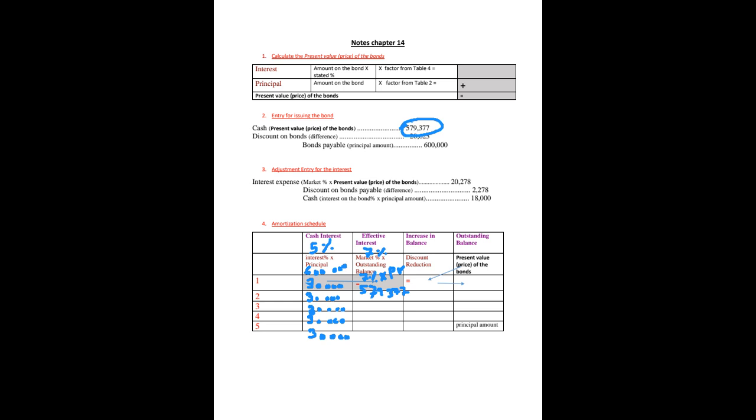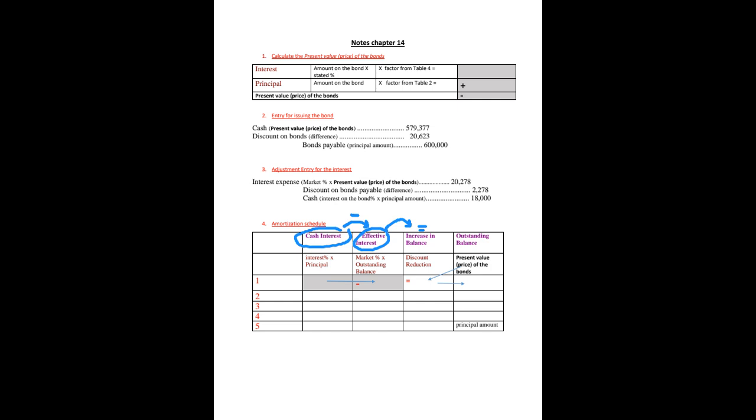Then the third column will be the increase in the balance, which is the discount reduction. It will be the effective interest minus the cash interest, which equals the discount reduction.